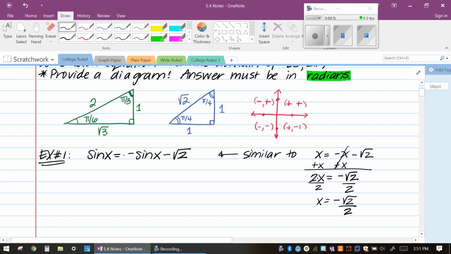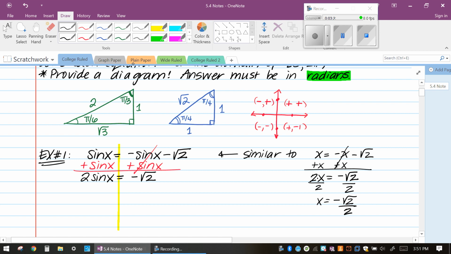So this is very similar, it's just got the quadratic function of sine. So again, since there are no quadratic terms, you do not need to set it equal to 0. You just got to combine your like terms, your variables on one side. 1 sine of x plus 1 sine of x is 2 sine of x. Remember, one apple plus another apple is 2 apples. Bring down your negative root 2.